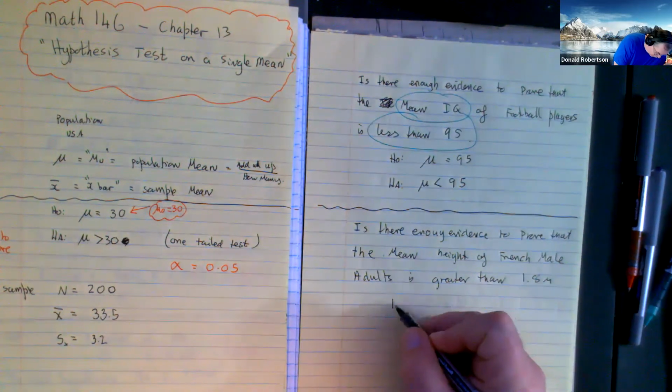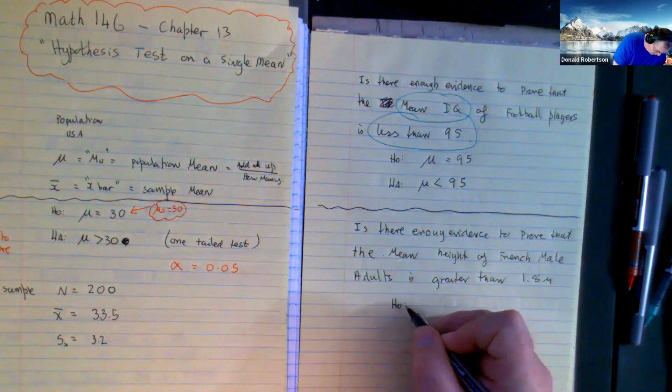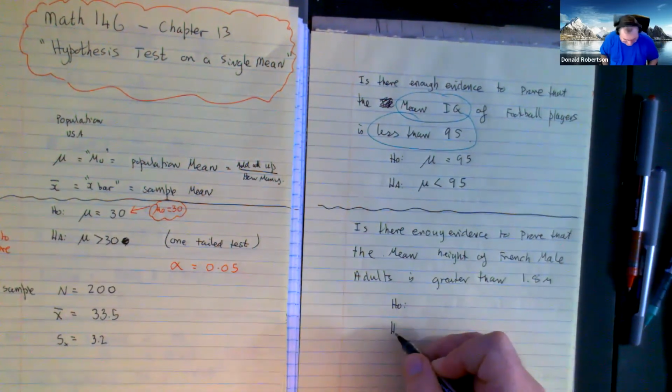Okay, so what would the null, what would the alternate look like in this story?